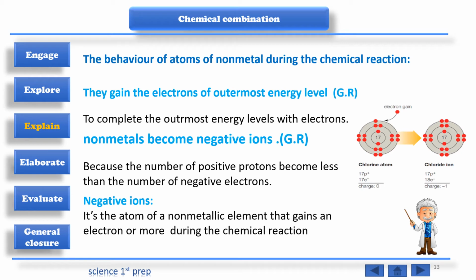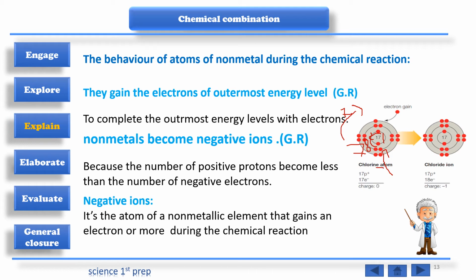Okay, now let's talk about the behavior of atoms of non-metals during the chemical reaction. We said that the outermost energy level contains more than 4 electrons: 5, 6, or 7. Here, this is the chlorine atom, 17. If you make the configuration 2, 8, 7, do you think it's easier to lose 7 electrons or gain 1 electron?